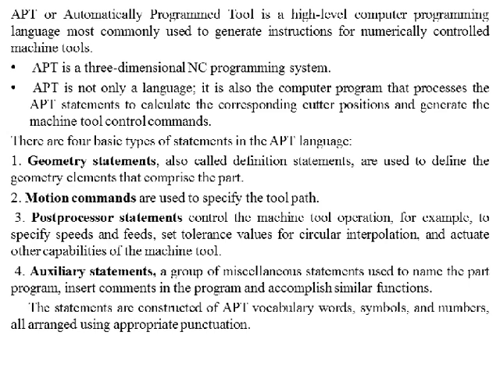This APT language consists of four basic types of statements. Whenever we write a program using the APT system or APT language, it will consist of four types of statements. What are those four types of statements? The first one is called geometry statements.